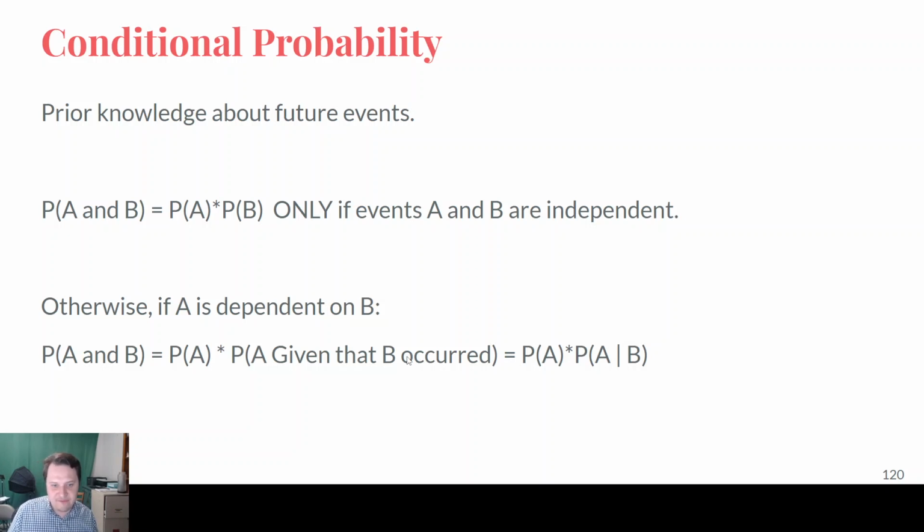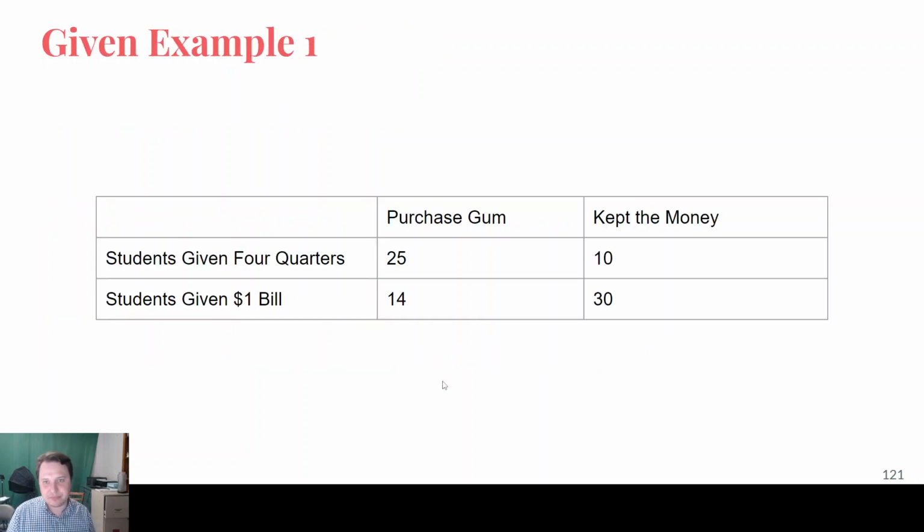So if B affects A, if they're not independent, then first we have the probability of A, that's just the first event, but we also need to multiply that, instead of the probability of B, by the probability of A given that B occurred. And so in symbols, here's what it looks like: the probability of A times the probability of A given that B occurred. And I know that's a little confusing, so we'll do some examples.